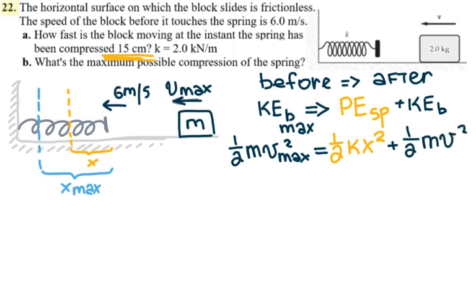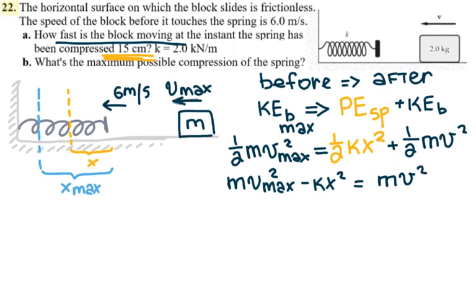And they ask you how fast is the block moving, so they ask you for that velocity. They all have 1/2, so I'm going to multiply them all by 2. And I have mv maximum squared. I'm going to move kx squared to the left side, minus kx squared is equal to mv squared.